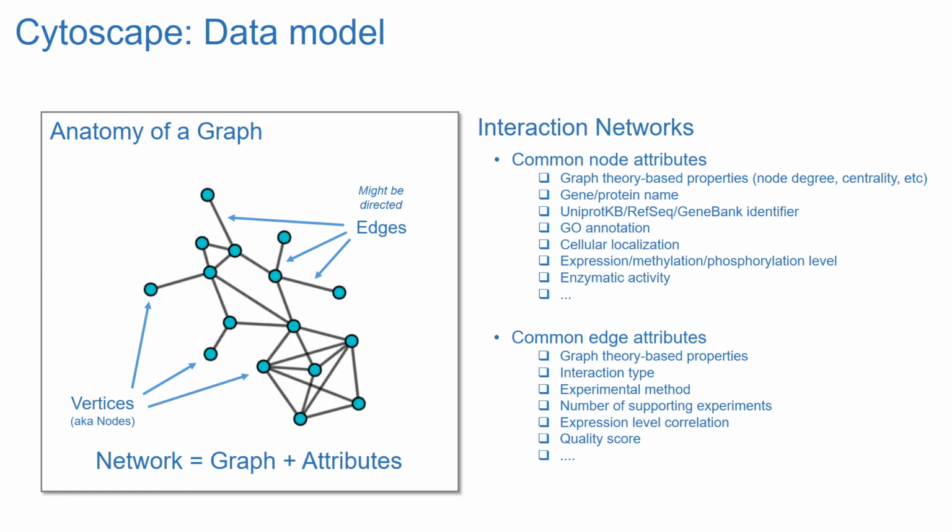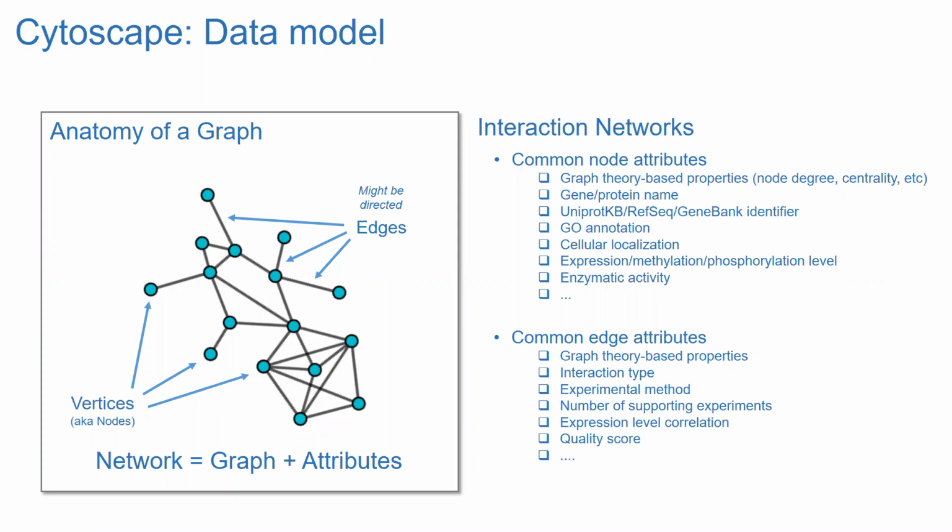You might hang all those things on the nodes. You can attach gene ontology terms or any sort of annotation that tells you something about the function of the protein or localization within the cell. So this is the way to sneak in information about where individual proteins are observed.